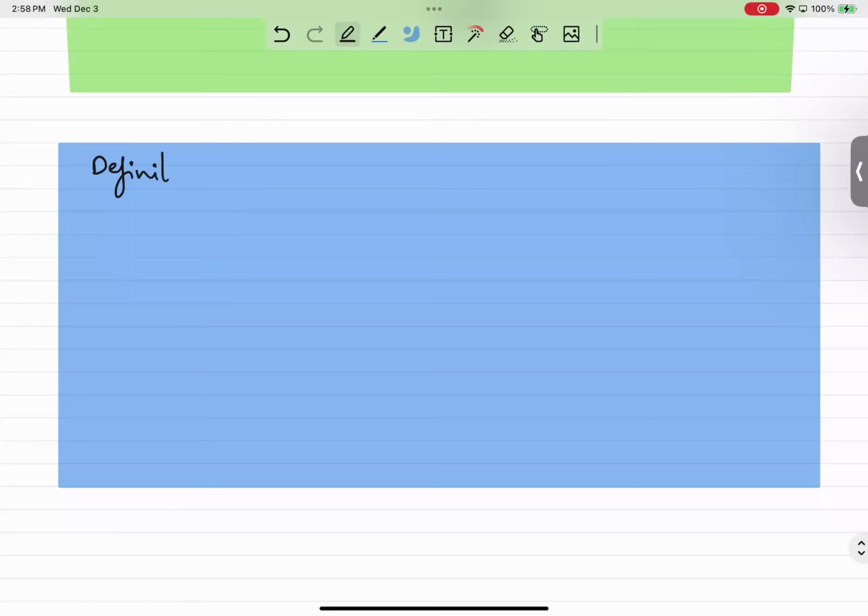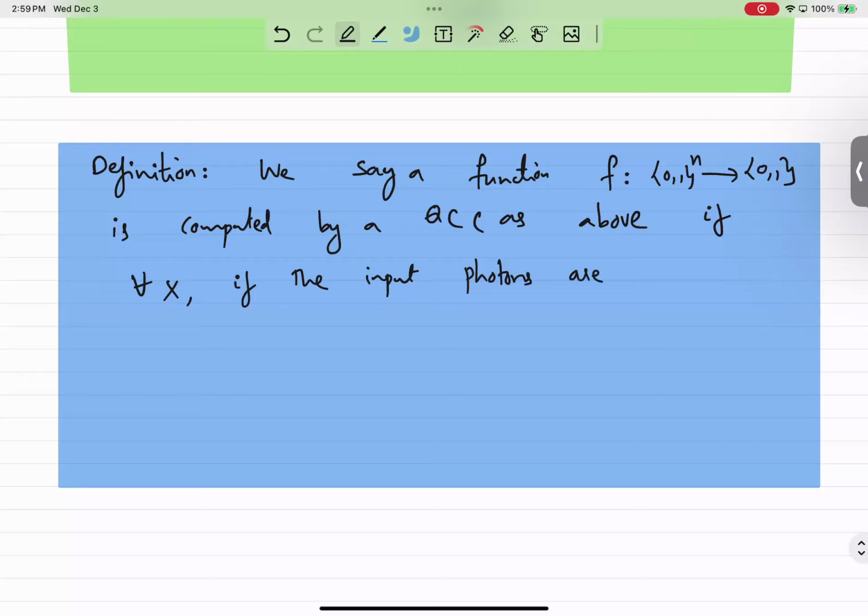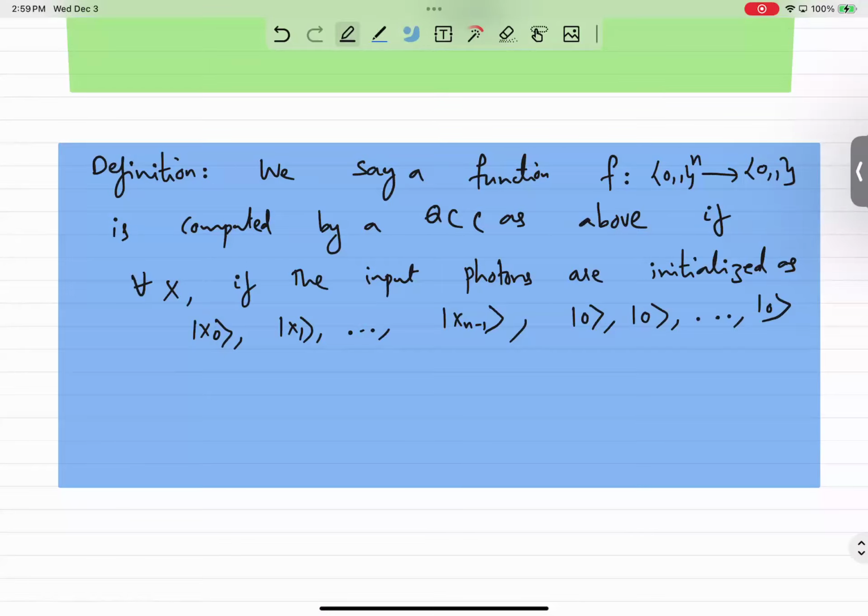And we say a function f is computed by a quantum circuit as above if for every input x, if the input photons are initialized as x0, x1, all the way up to xn minus 1, and the ancillas are initialized as 0, 0, 0. The 0 is arbitrary. We just need to fix something. So we'll just pick 0.